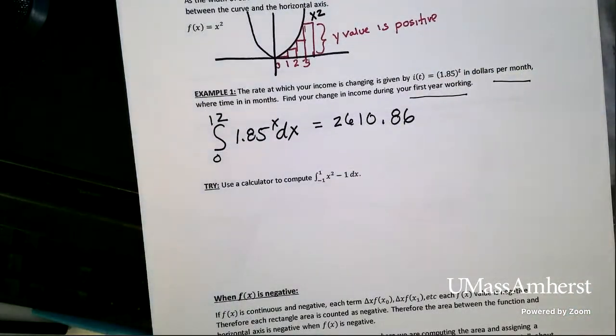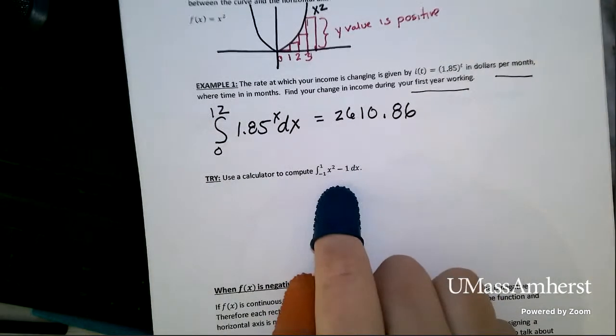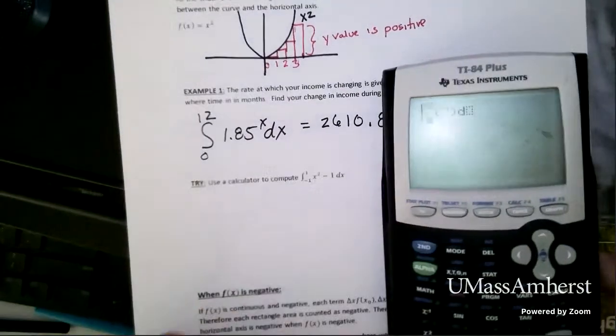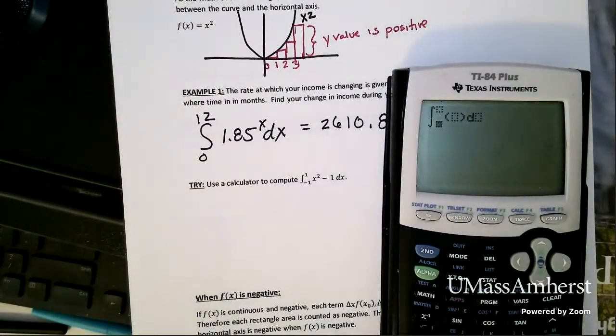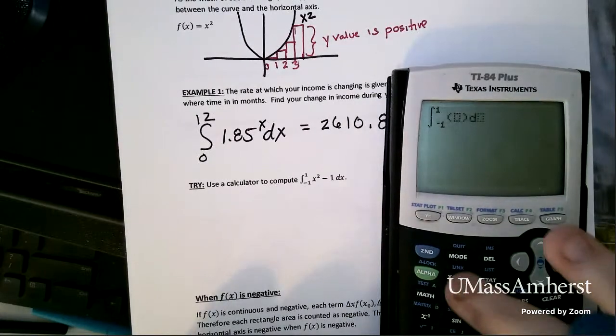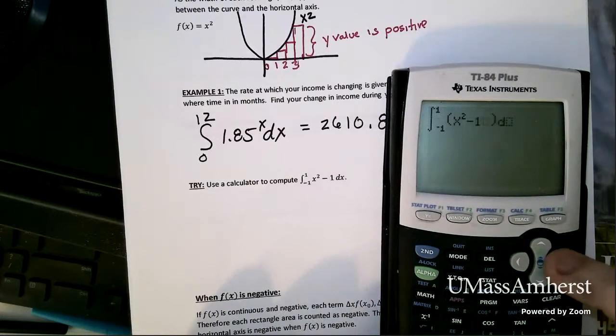Okay, but wait, what happens if we try to do this function, right? Everything we've looked at so far has been positive. So I'm going to go ahead and enter this one in here. So I have the integral from -1 to 1 of x squared minus 1 dx.